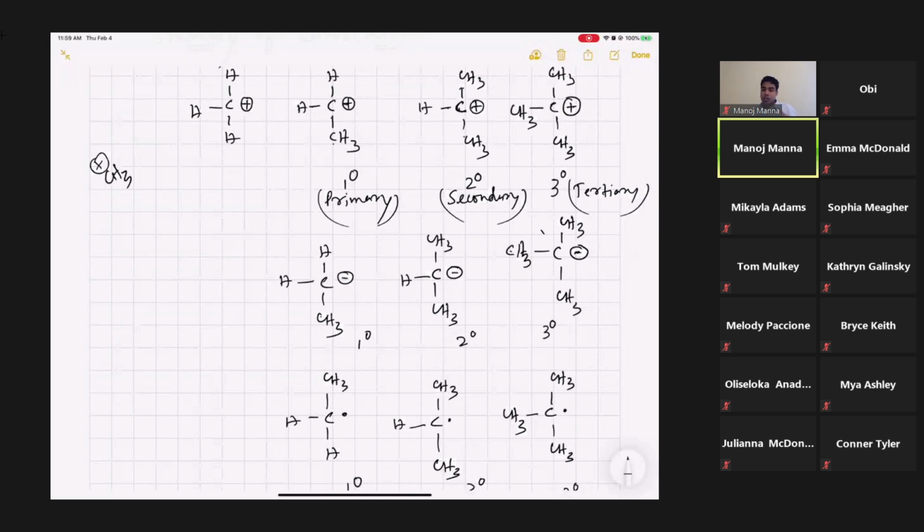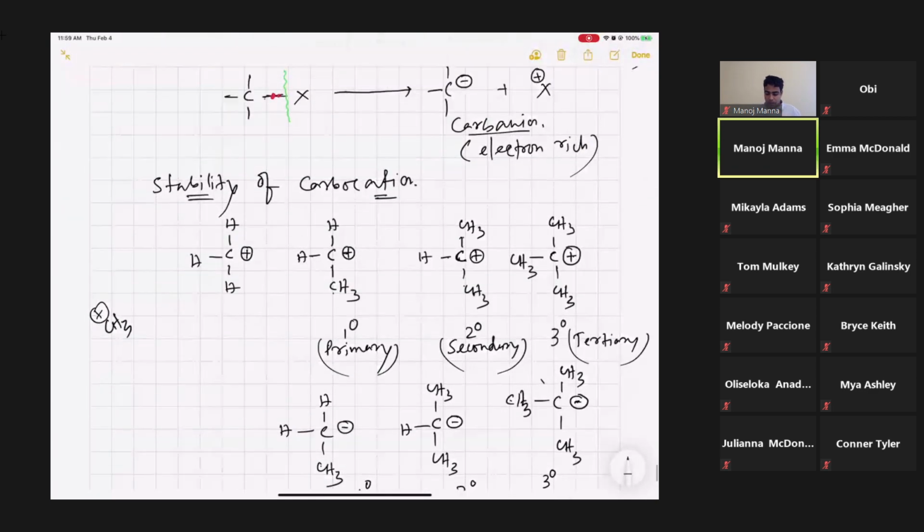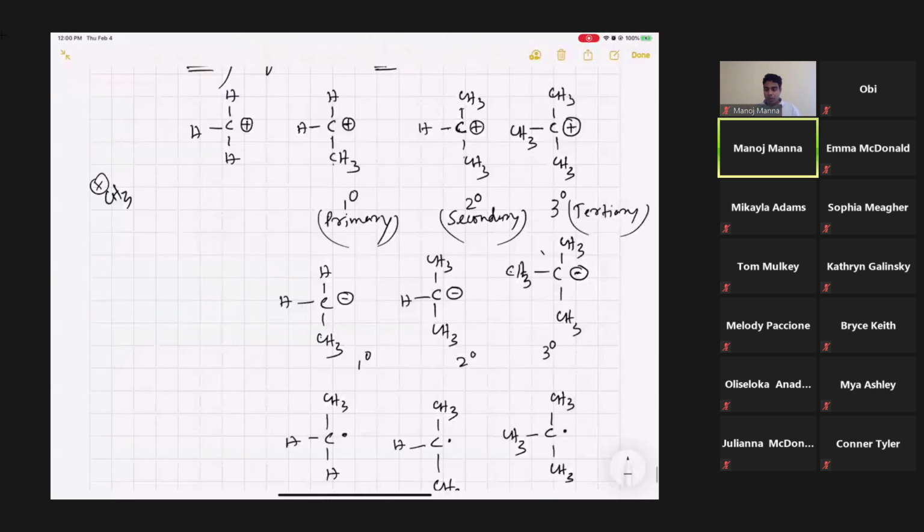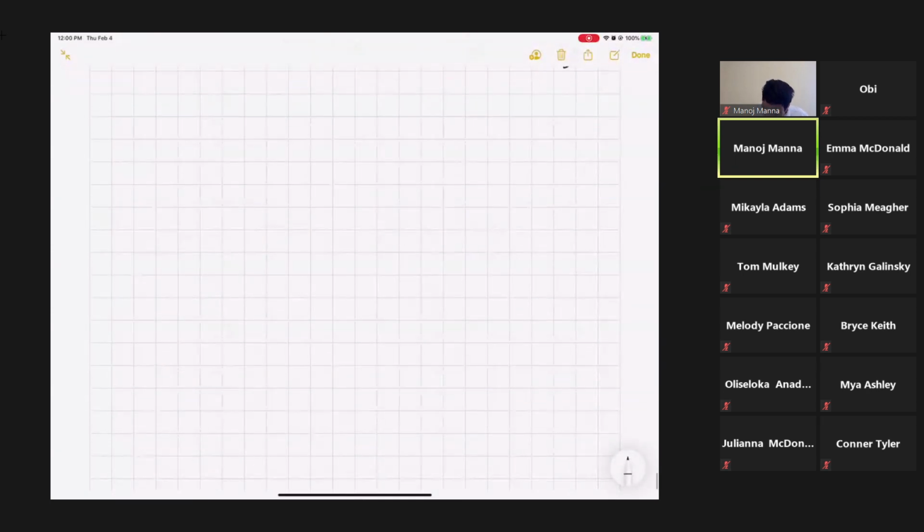That means we now have a clear understanding of what 1 degree, 2 degree, and 3 degree carbocations and carbon radicals mean. Now, as I mentioned, we have to talk about stability. Once we figure out which one is 1 degree, 2 degree, then we can think about stability. Now let's see carbon CH3, CH3, CH3 plus.